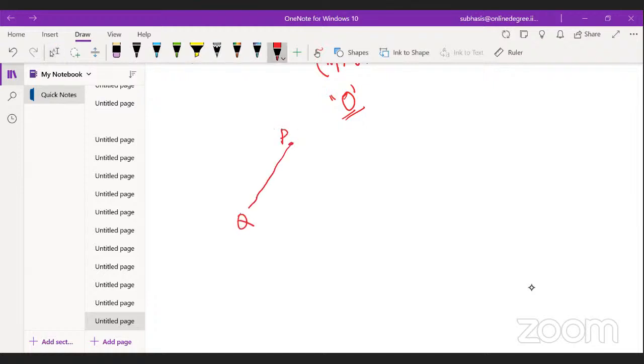So you have 3 points, P, Q, R. The coordinates of P is 0, 0. Q is 3, 0. And R is 3, 4. Suppose A is the midpoint of P, R.